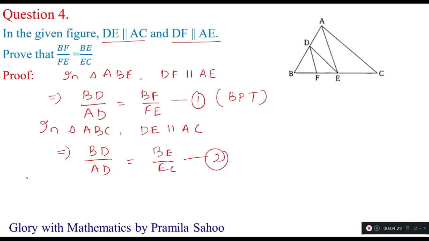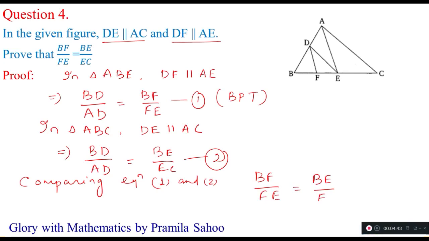By comparing equation 1 and 2, we got BF by FE is equal to BE by EC, because BD by AD is common in both the equations. So we proved that BF by FE is equal to BE by EC.